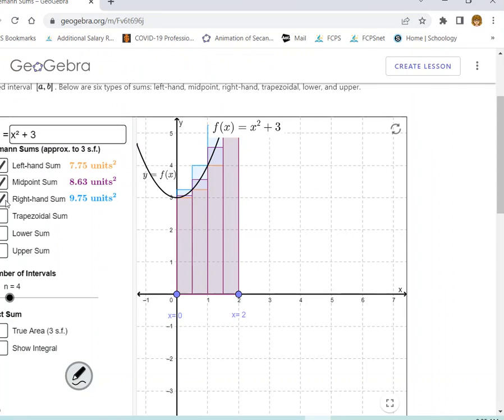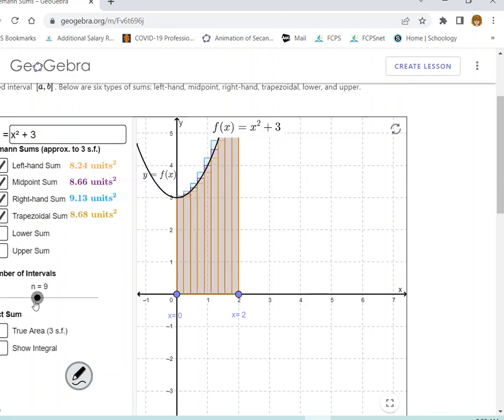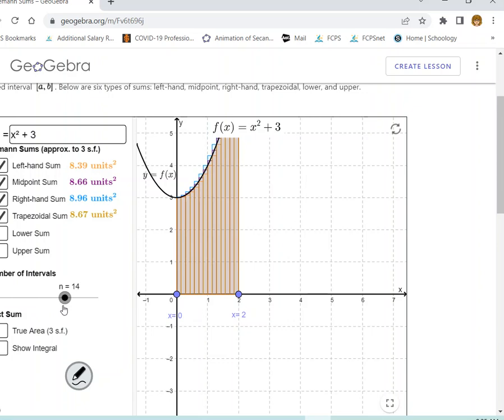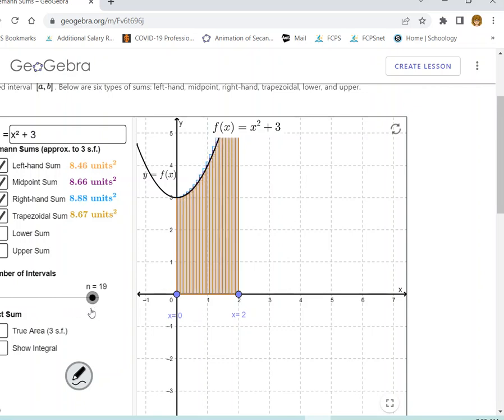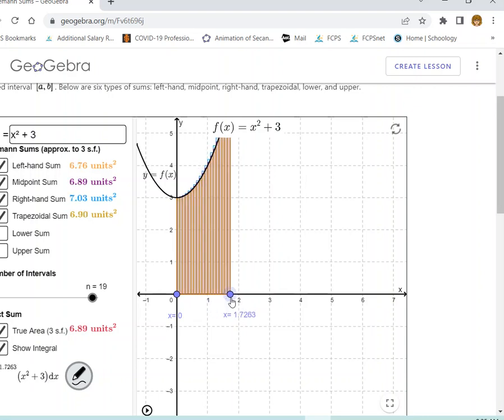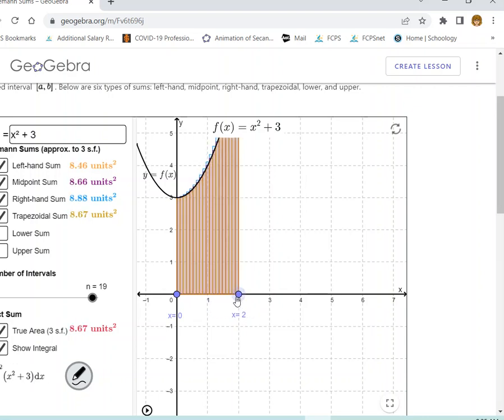Right hand, left hand, midpoint, trapezoidal. Oh, look how fun that is. And as you increase the number of intervals, you can see that they're slowly converging on what we found to be the true answer. 8.67. Will it let me change that? No. So it's not allowing me to make it think about it backwards.